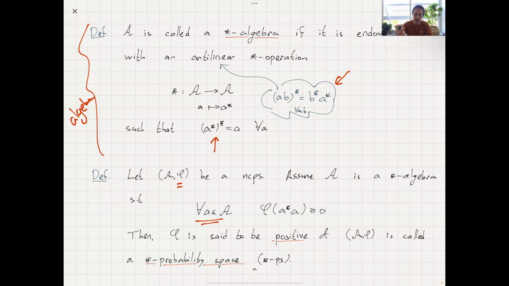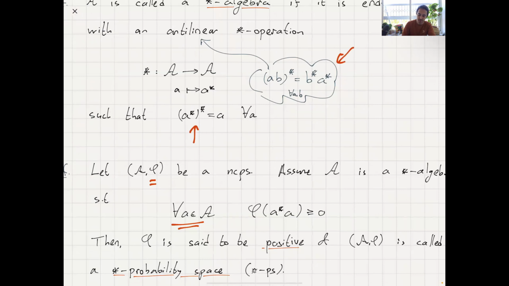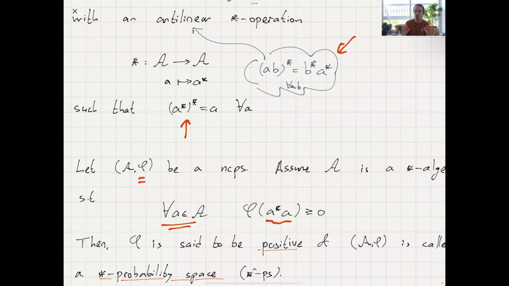All right, so a star probability space is a non-commutative probability space in which the underlying algebra is a star algebra, so you have this extra operation, and it behaves nicely with phi in the sense that phi of A star A is non-negative. And that's probably familiar to you. I mean, this sounds like positive in a way, right?